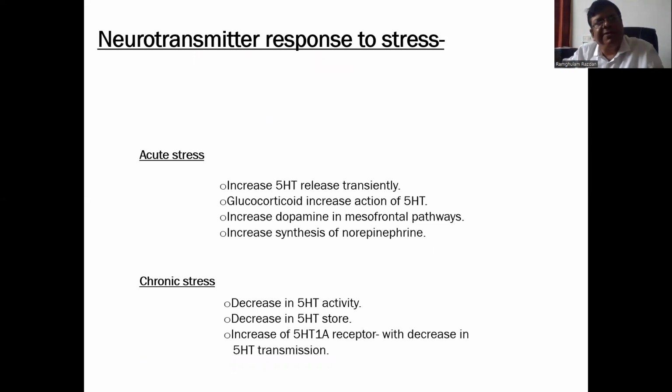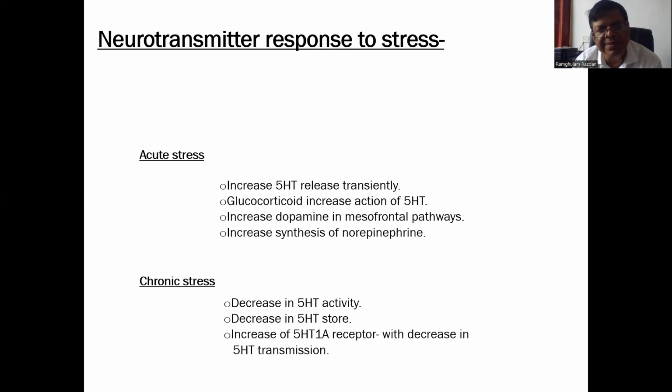Now, what happens to the various neurotransmitter systems with anxiety and stress? Acute stress leads to a transient increase in 5-HT release. Glucocorticoids increase the action of 5-HT. Dopamine increases in the prefrontal pathways, and there is increased synthesis of norepinephrine.